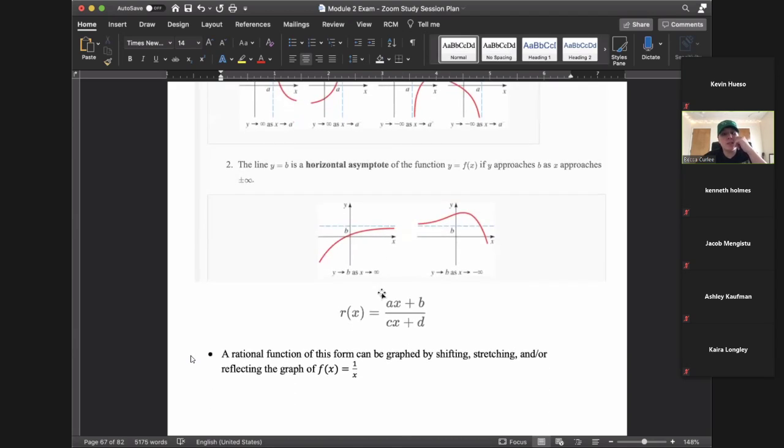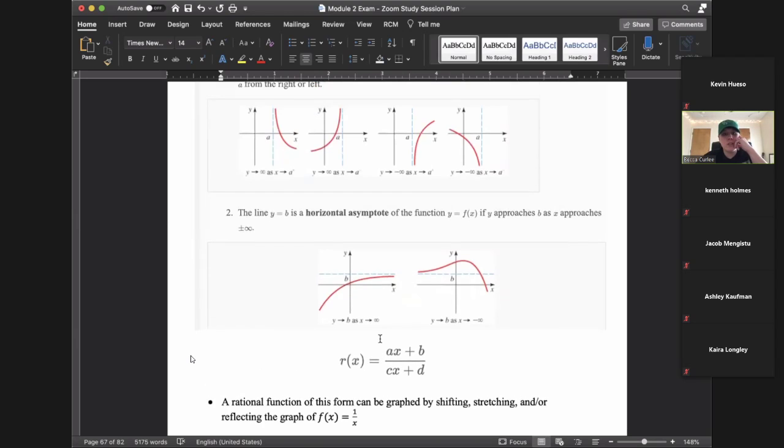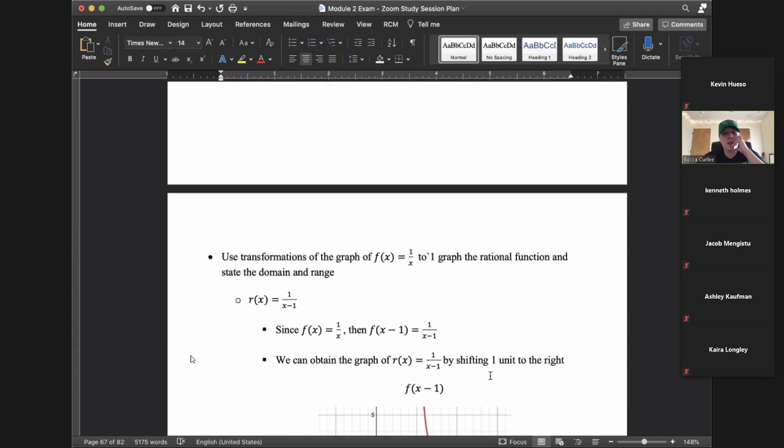A rational function of the form r of x equals a of x plus b over c of x plus d can be graphed by shifting, stretching, and or reflecting the graph of f of x equals 1 over x. I'll show you what we mean by that.